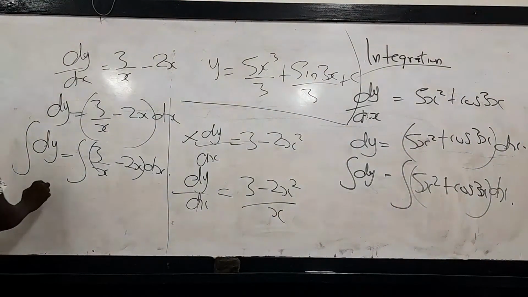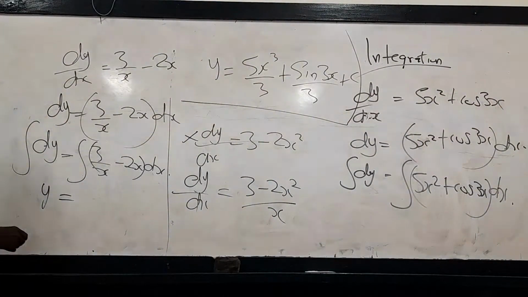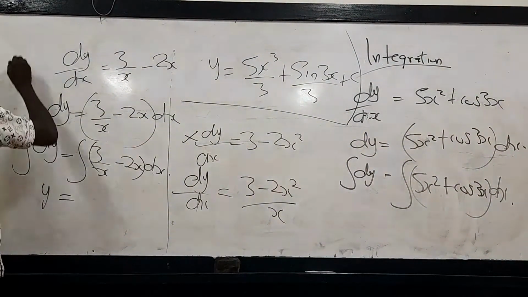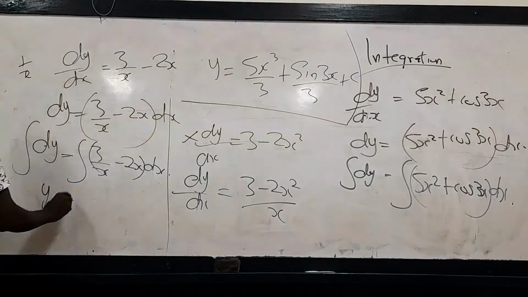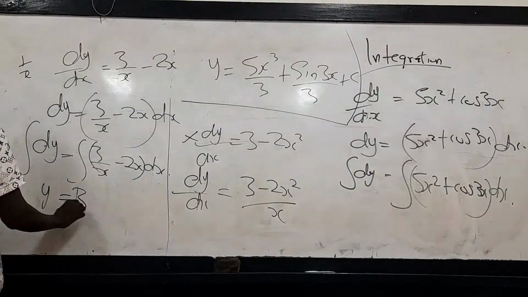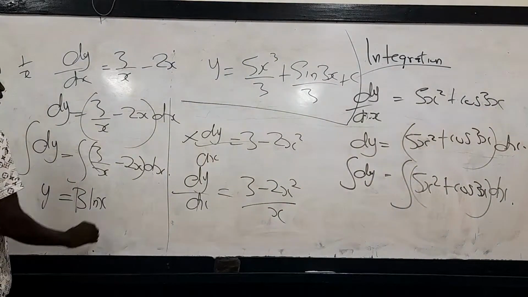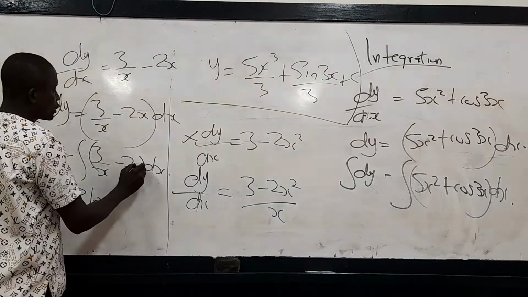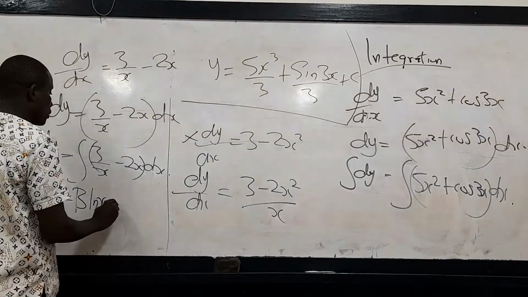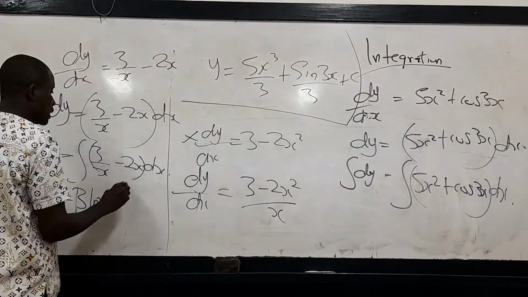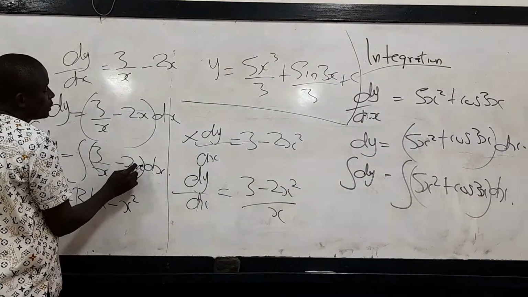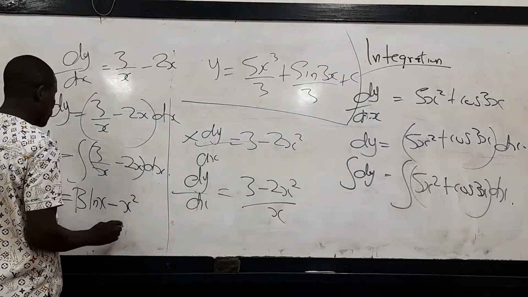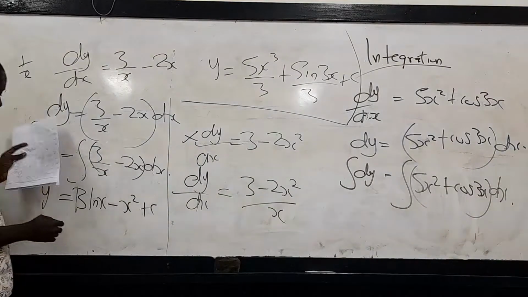So here I'll get y, and anytime you're having 1 over x, if you integrate, you're going to get ln x. So here becomes 3 ln x. Then here, minus 2x, the power is already 1, so it becomes x squared. Do you understand why? There's 1 here, so plus 1. Then plus c.